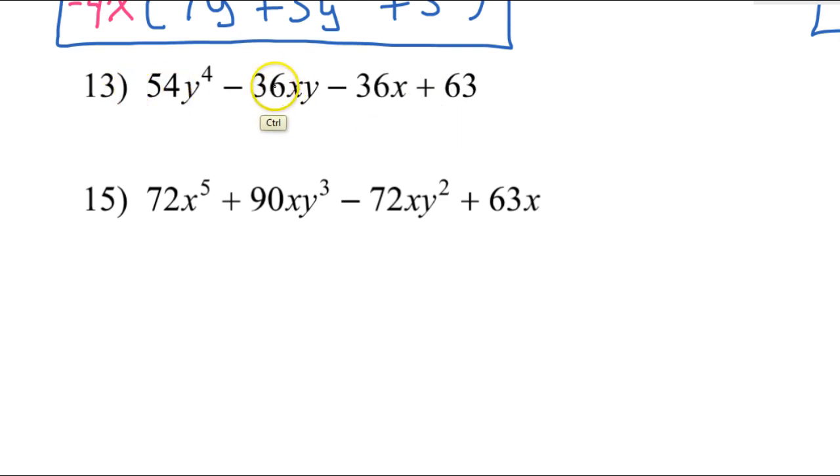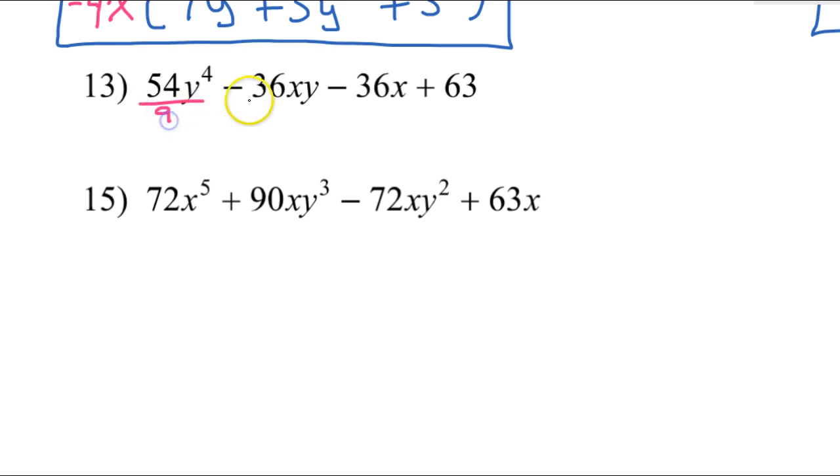So let's go smaller. What else goes into 36? 36 is divisible by 9. Now, does 9 go into all of these? 54 is 6 times 9, and 63 is 9 times 7. Okay, so all of these are divisible by 9. So I think that is going to be our GCF.